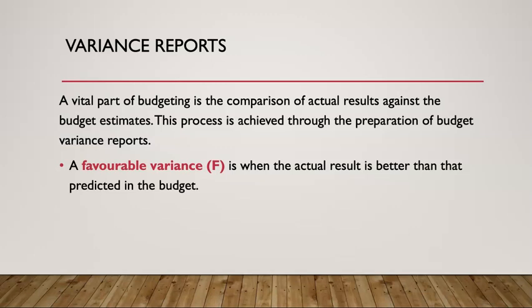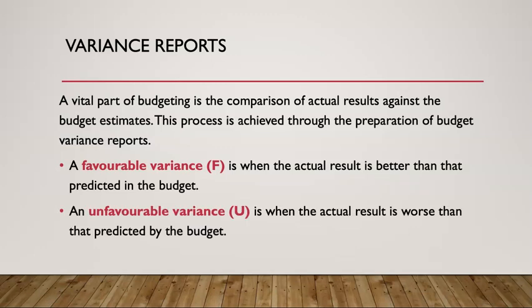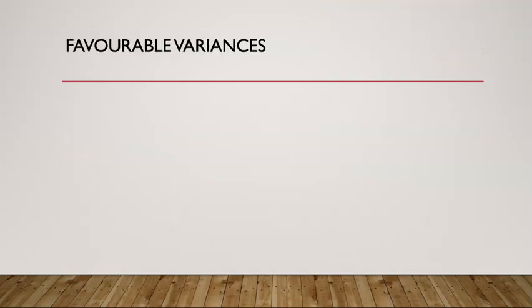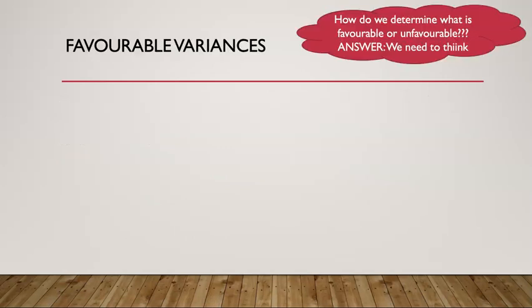We've got a favourable variance because what actually has happened is better than what we predicted. An unfavourable variance, U, is when the actual result is worse than predicted by the budget. But the question is, how do we determine what is favourable or unfavourable? And the answer is, unfortunately, we need to think.